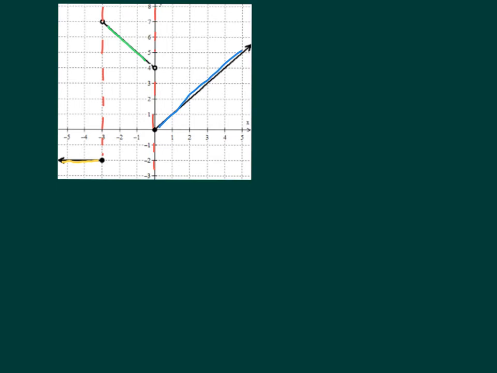So what I'm looking at for the yellow, whenever I have a flat horizontal line, I'll start with my f of x first. The yellow down here, that is just -2, because y equals -2 on that yellow one.